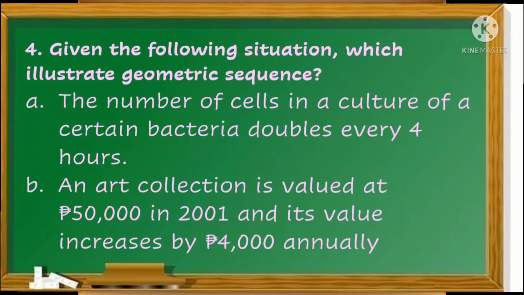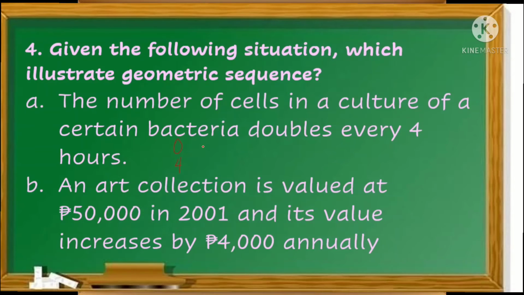In the following situations, we should identify which illustrates a geometric sequence. Letter A, the number of cells in a culture of certain bacteria doubles every 4 hours. B, an art collection is valued at 50,000 in 2001 and its value increases by 4,000 annually. So in the given example, letter A, suppose that in 0 hours, there are 4 bacteria.